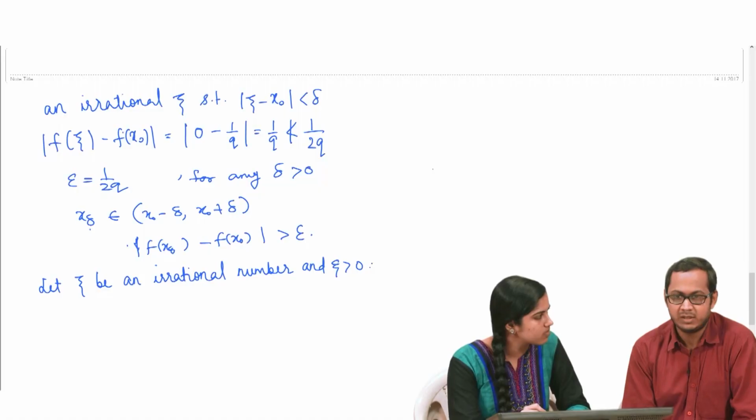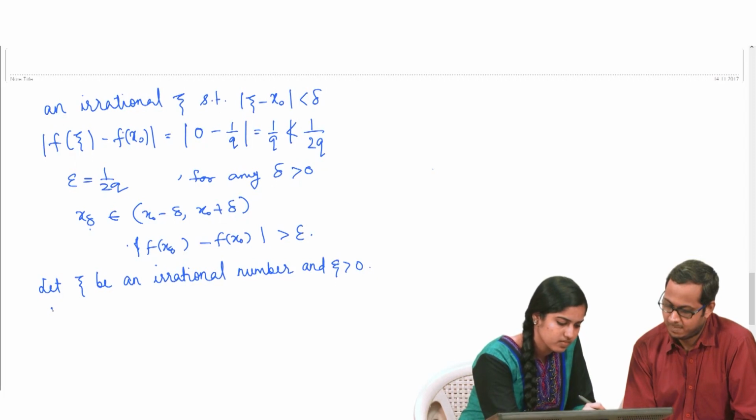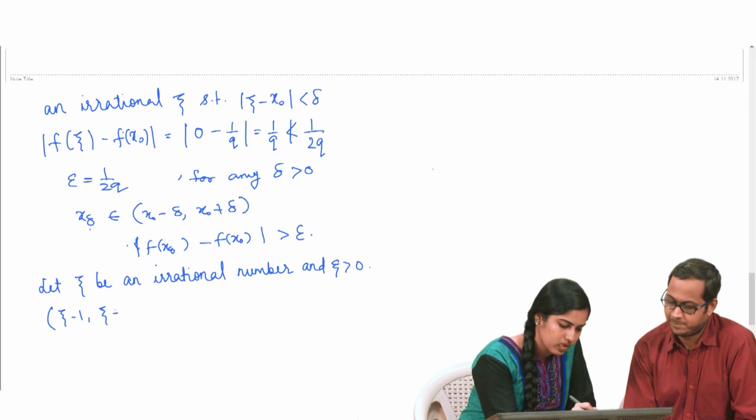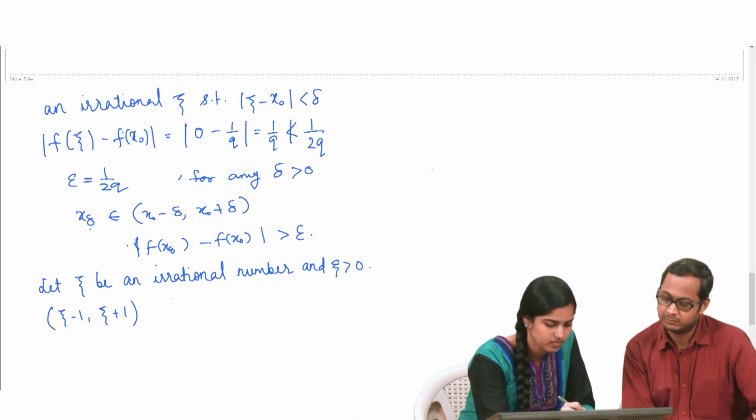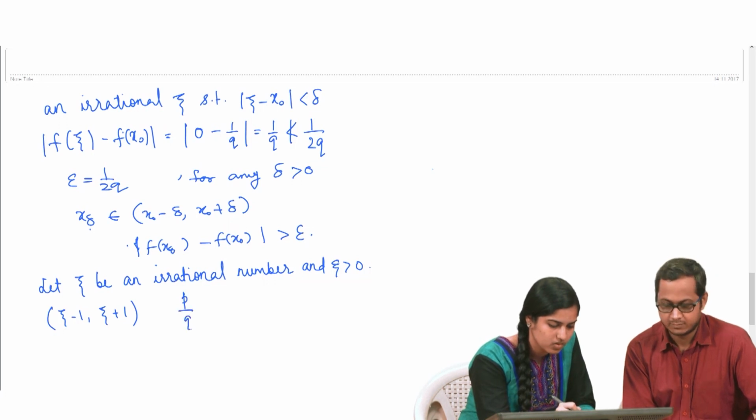What do you mean by typical neighborhood? I just mean an open interval around the point psi. For example, you can consider the open interval psi minus 1 to psi plus 1, and consider the rational numbers p by q in this open interval.